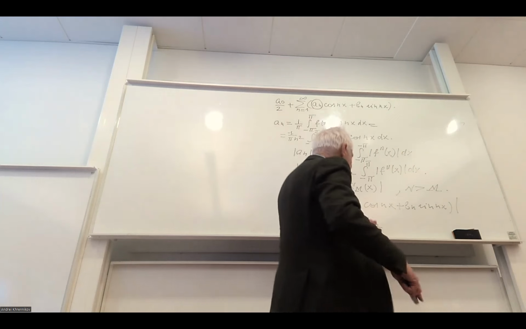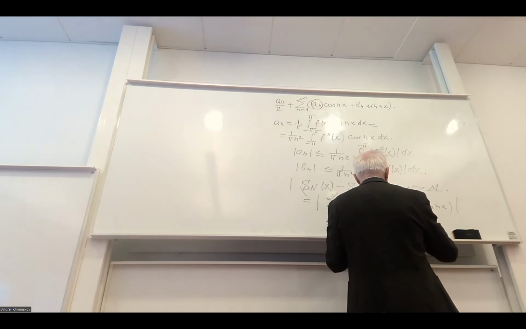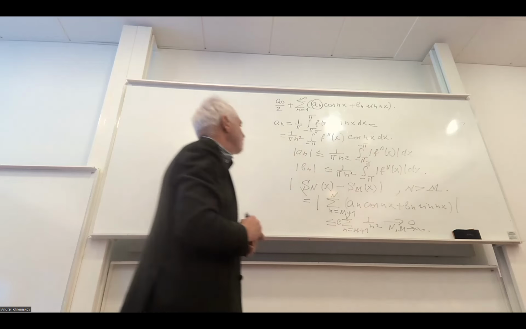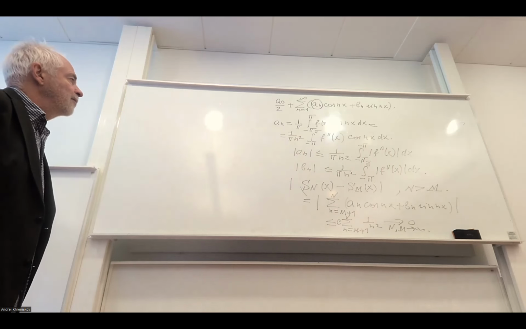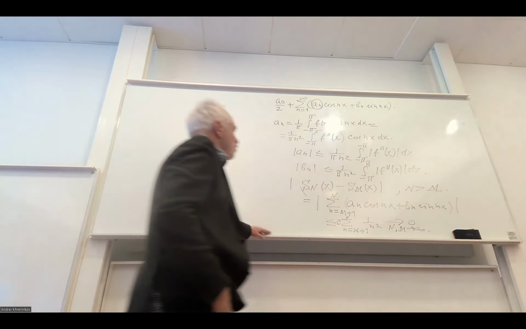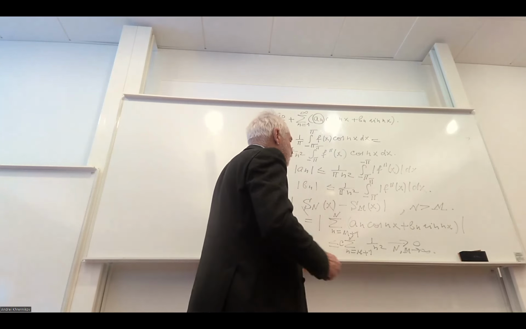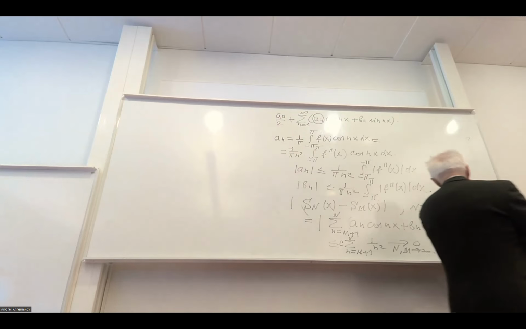But this series, 1 over n squared, converges. So it goes to 0 as m goes to infinity, and it's uniform with respect to x.